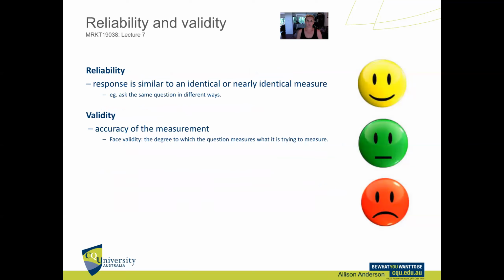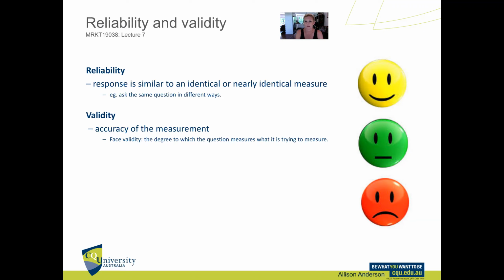All right, final slide. Reliability. Sometimes you can ask the same question in different ways to make sure that people are answering the question reliably.